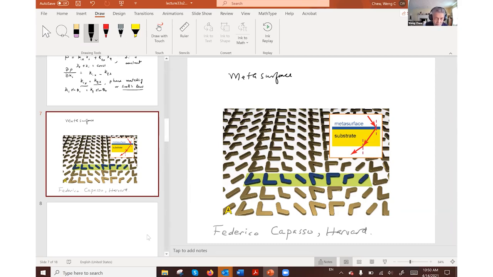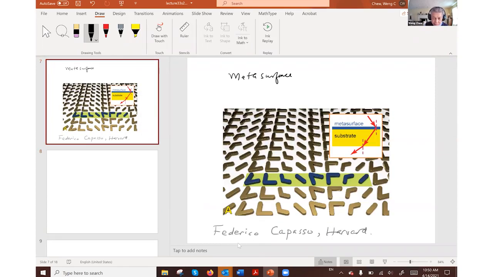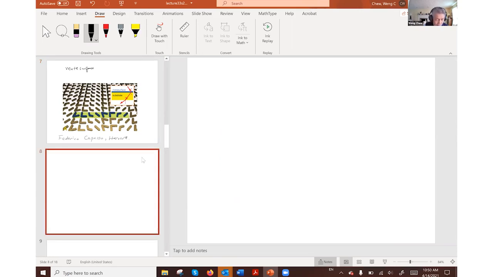This work was actually done by Federico Capasso of Harvard, and you can read about his work, which is pretty well known in the community.